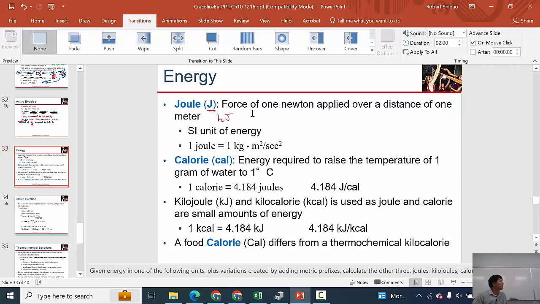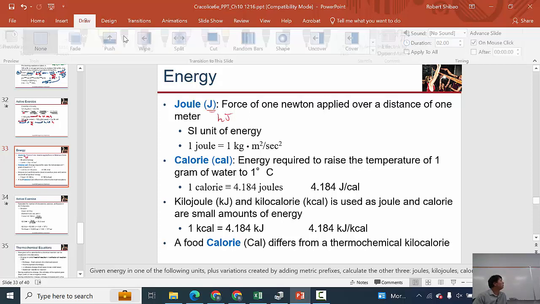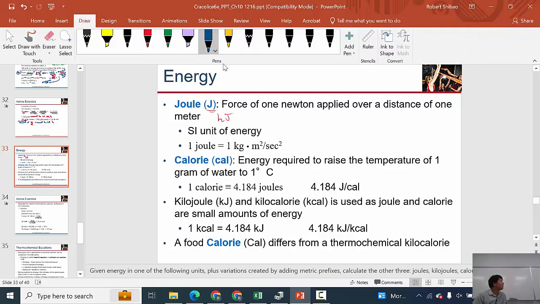But this is the definition of a joule here. It has a mechanical definition. The mechanical definition is if you lift a kilogram 1 meter in the air against the force of gravity, then you've just spent 1 joule of energy.